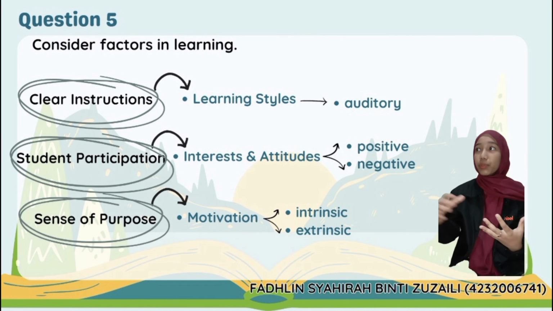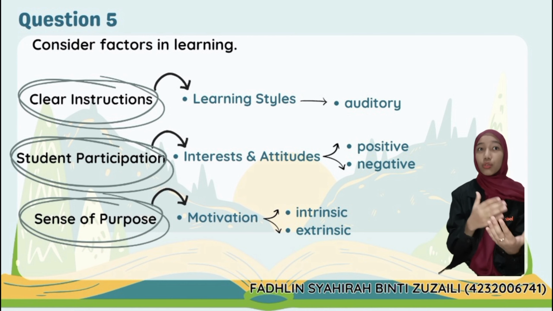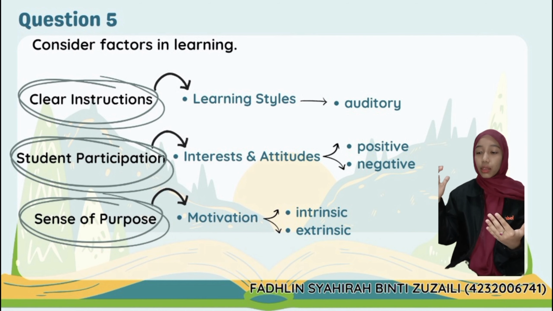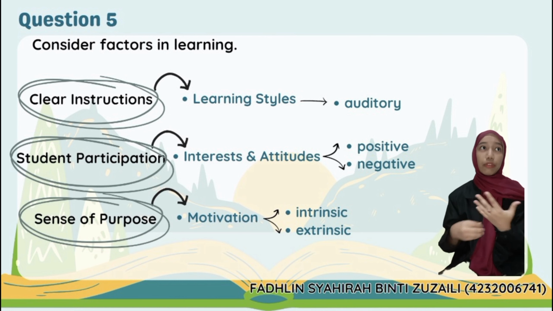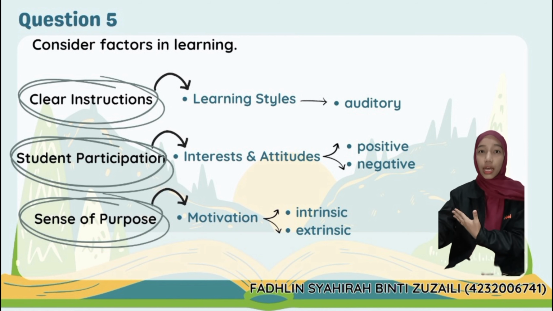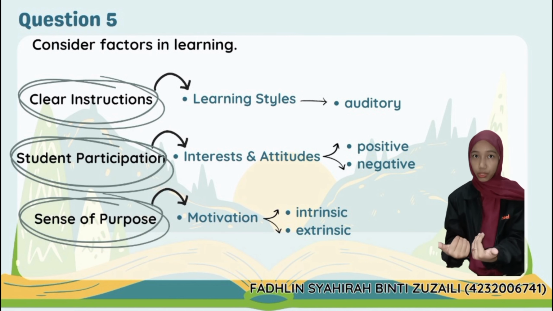For example, the parents of the students want their child to learn these subjects, and these students feel motivated because the parents promised to give them presents if they do well in the subject. So these students feel motivated because of external factors, which is the parents who promise to give rewards if they do well in the subject.